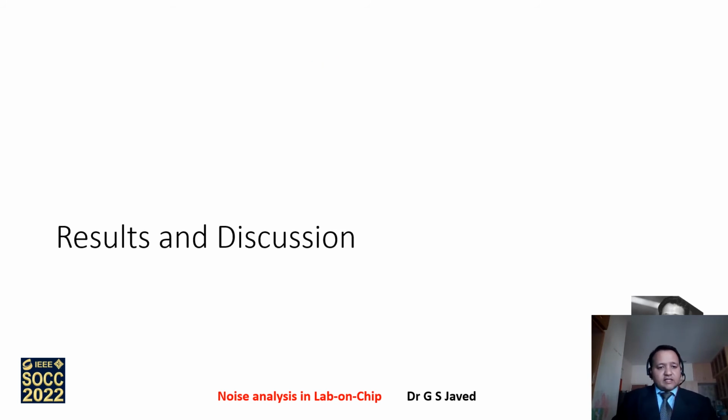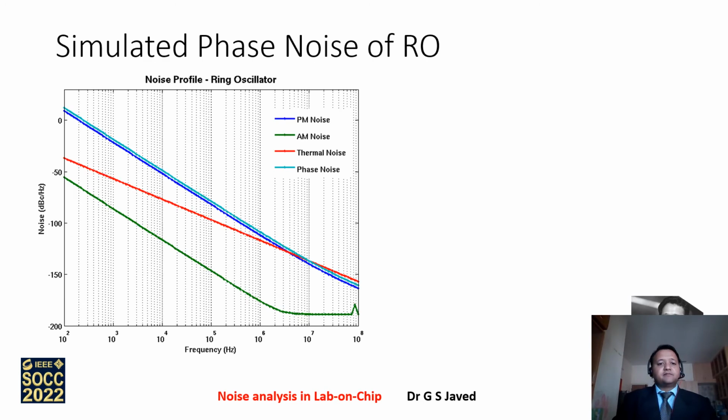Now let us discuss the results that were observed. If you look at the simulated phase noise of the ring oscillator, the noise profile for the various noise models is shown: the pulse modulation, then the amplitude modulation, the thermal noise, and the effective final phase noise, given here in blue.